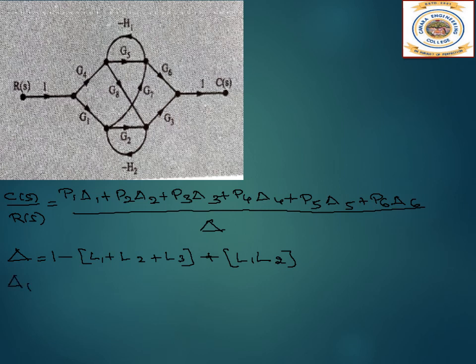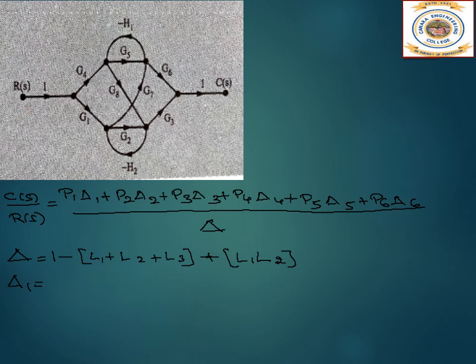So delta 1, what is the forward path delta 1? That we will see first. So here, forward path 1 is G4, G5, G6. So this loop H2, G8, this is not touching. No, we don't have anything common. Then P2, delta 2 we have to see. P2 is G1, G2, G3, this one. So this loop G5 H1 is not touching that. So that will come in this one.